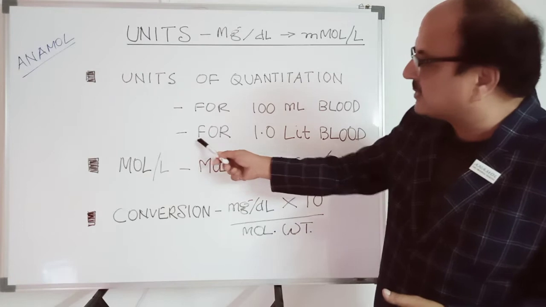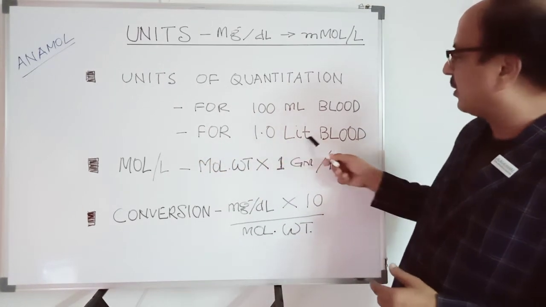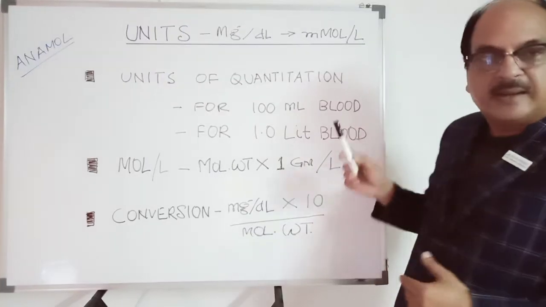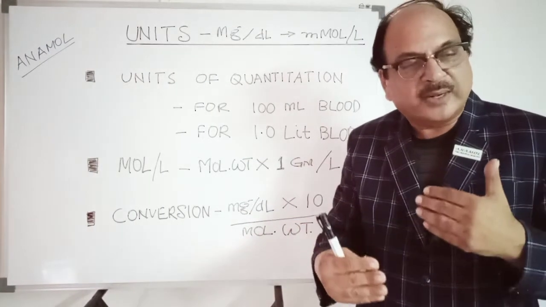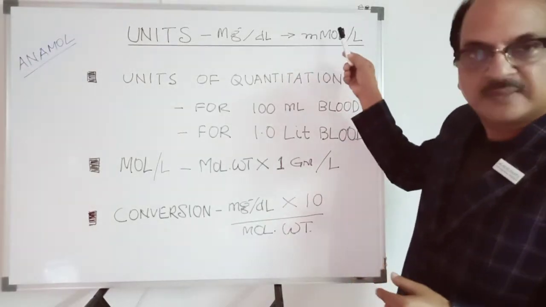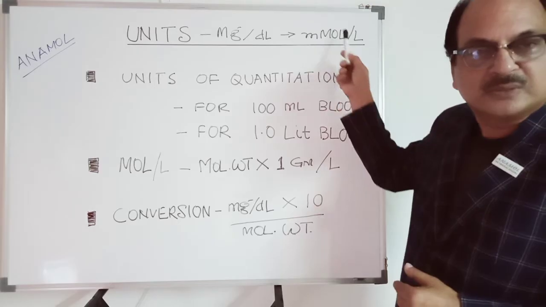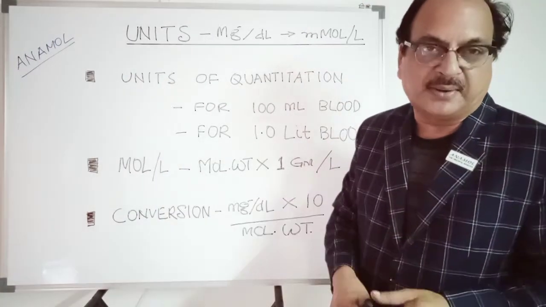And the second presentation is per liter, that is for 1 liter of blood. When you are measuring 1 liter of blood, the unit is normally in terms of millimoles or moles, depending upon the analyte's normal concentration in the blood.